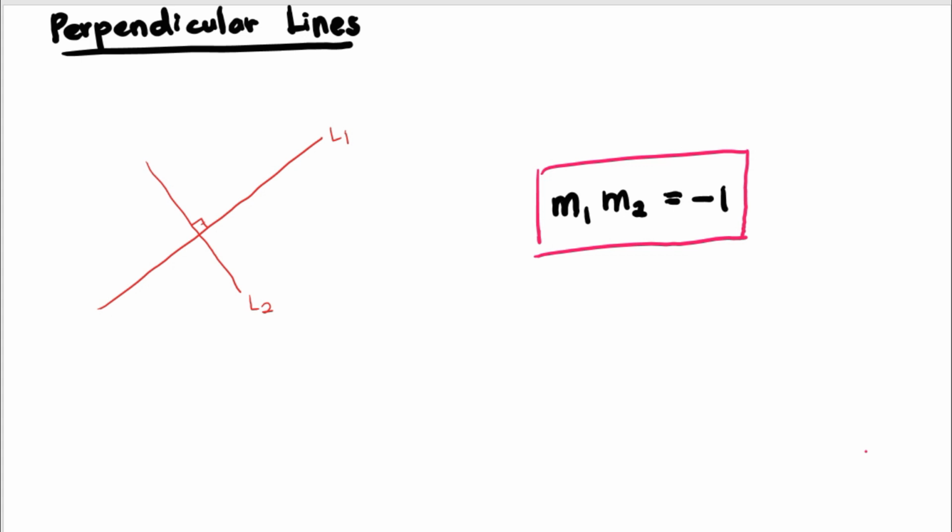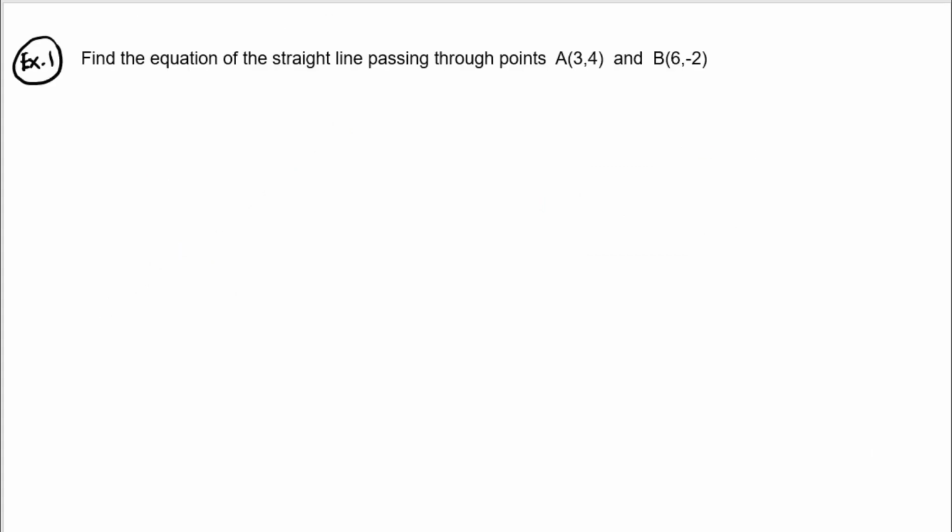You should remember all these concepts, because we need to use them. Now let's look at this example. We need to find the equation of the straight line passing through points A and B. We have two points here, so we use y equal to mx plus c.